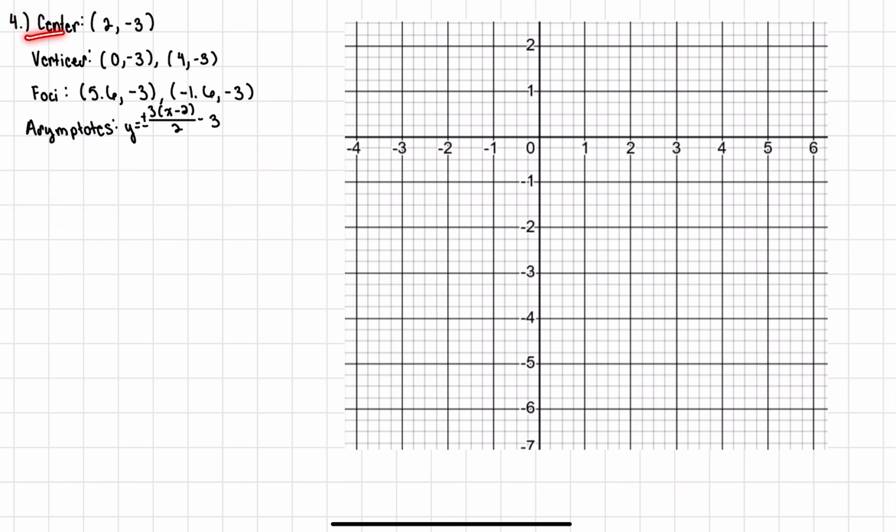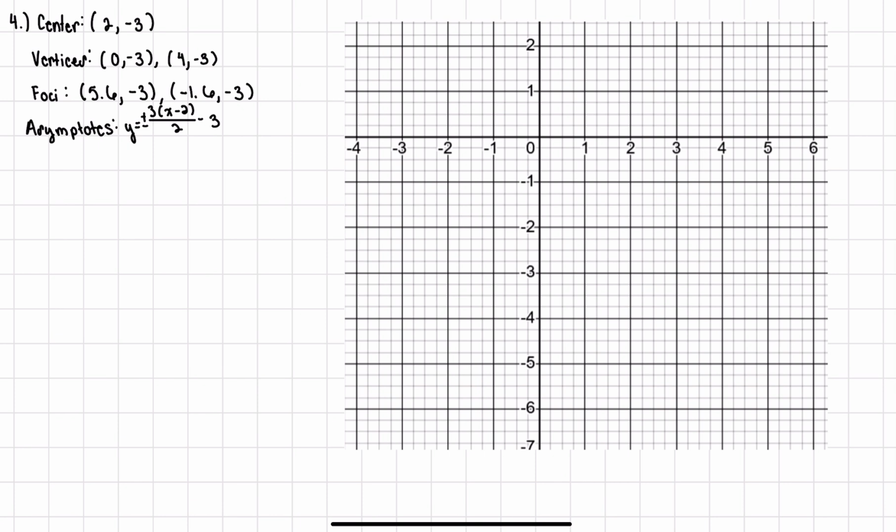We have our center at (2, -3), our vertices at (0, -3) and (4, -3), our foci at (5.6, -3) and (-1.6, -3), and our asymptotes at y = ±3(x - 2)/2 - 3. Very quickly, one thing I do want to take note of: our asymptotes are an unsimplified equation.